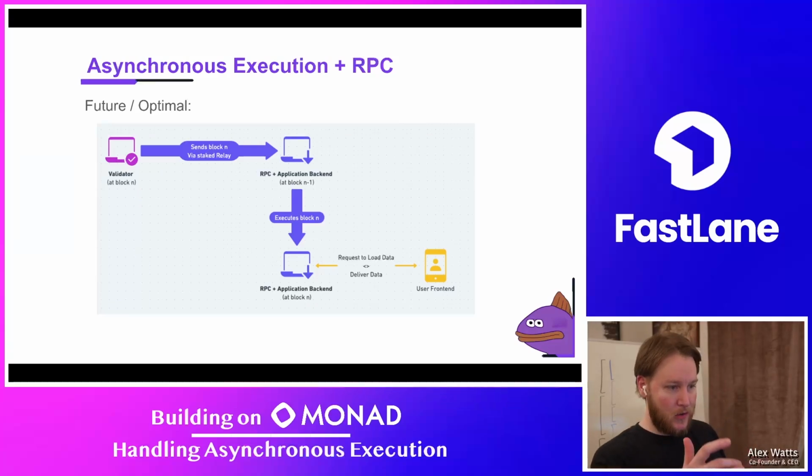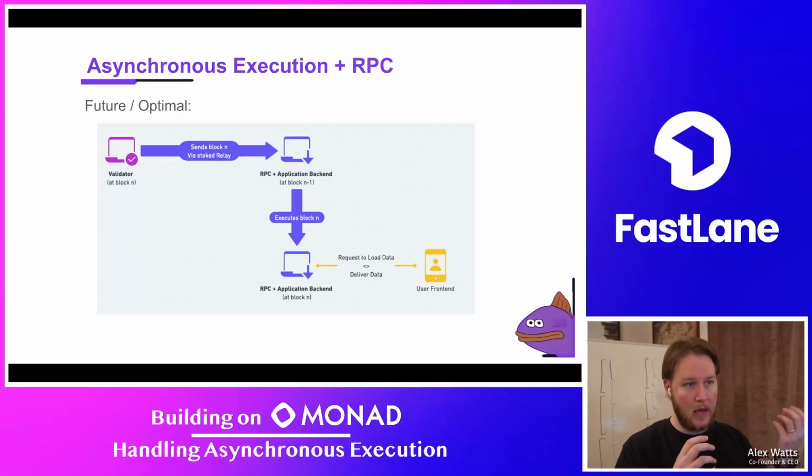In the future, ideally, I think what most apps would like to have is a scenario where they actually co-locate their own node or their own RPC with their backend. That way you don't have to have this network request in between the app's backend and the RPC, in which case you don't have to worry anymore about an entire two network hops, one from the backend to the RPC, another one from the RPC to the backend.